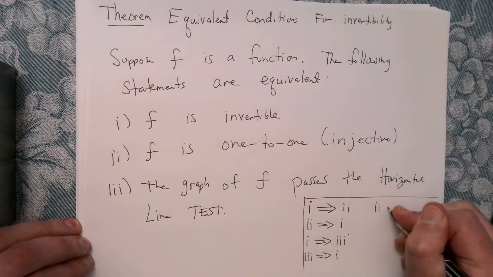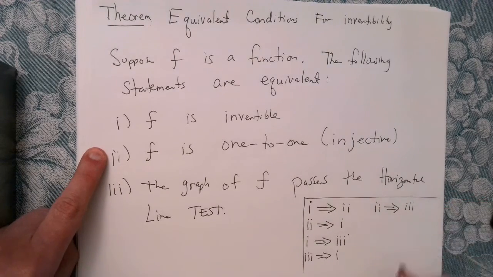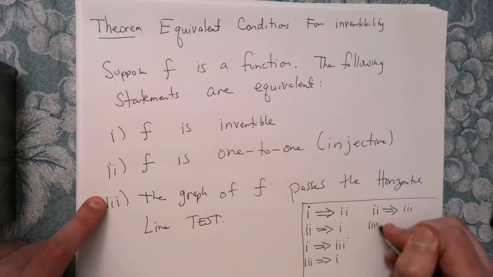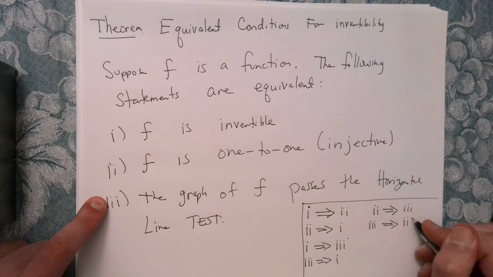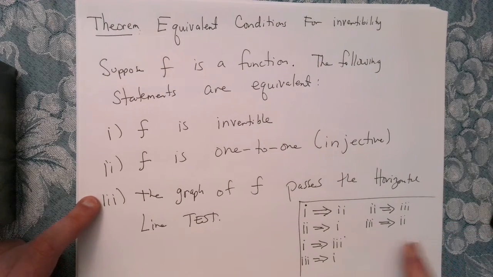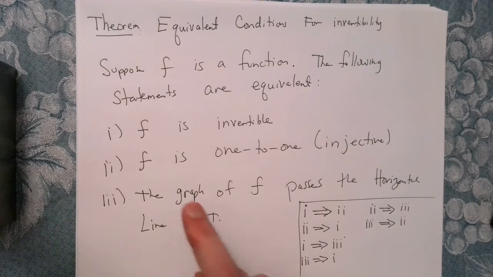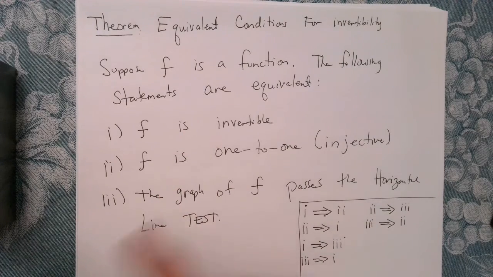So if I know that 2 is true, then I know that 3 is true as a consequence. And also, if I know that 3 is true, then I know that 2 is true. But even more than that, if I know that 3 is true, then I know that 1 is true. So it's sort of like a buy one, get two free. The moment I know one of these statements is true, it implies the other two.